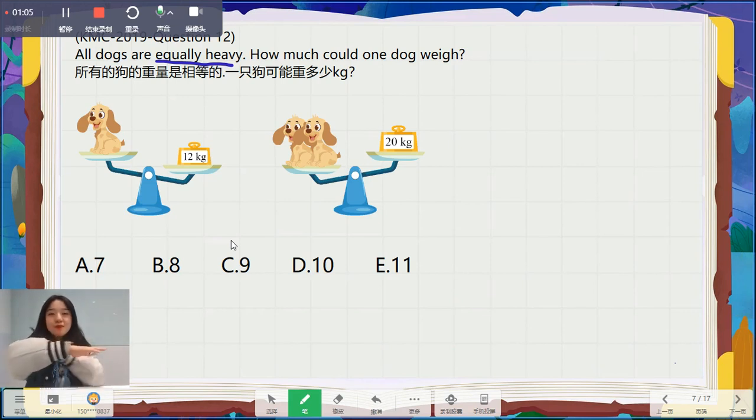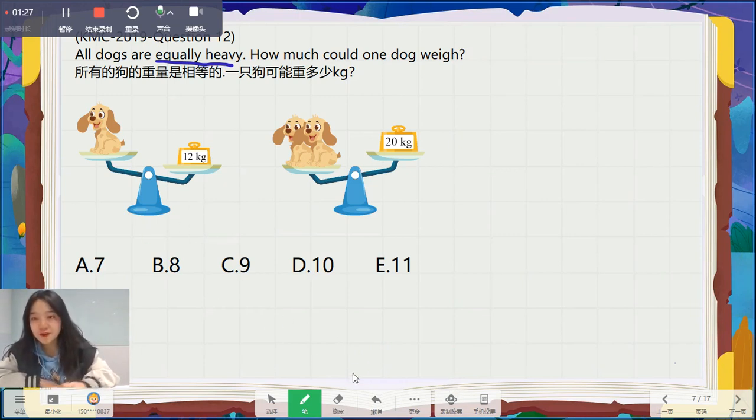The two things on both sides, are they equal or different? They are as heavy as each other, right? But when something is heavier, it will go down. When something is lighter, it will go up. So that's how the balance scale works.